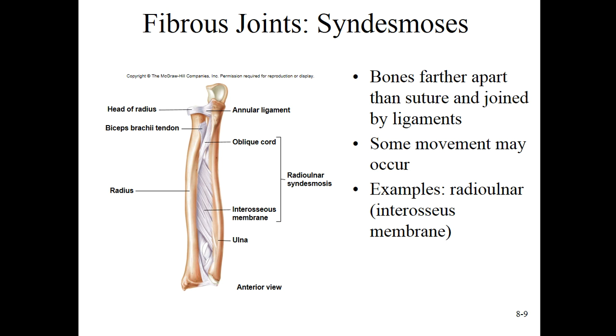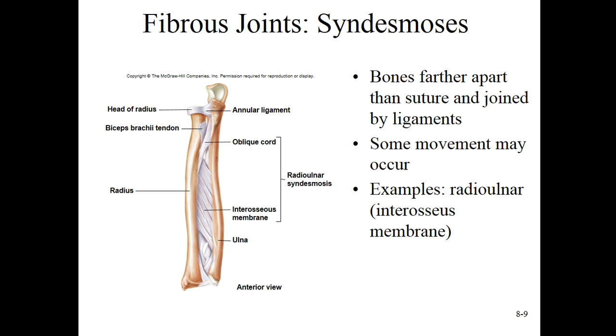In between the tibia and fibula and the radius and ulna, as we see here, is a fibrous joint that is movable. It's called a syndesmosis, or plural, syndesmoses. Remember, in the forearm, we need to be able to move the radius over the top of the ulna back and forth. This is referred to as pronation and supination. At the same time, if I fall on my outstretched hand, the last thing I would want is for my radius and ulna to split apart. And so this is what nature has done.